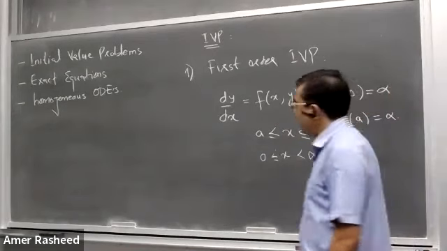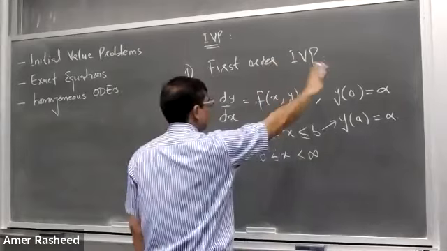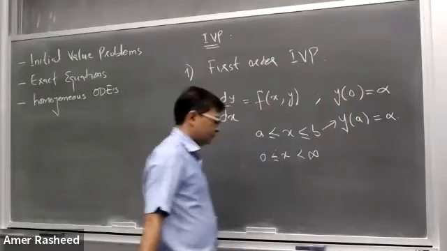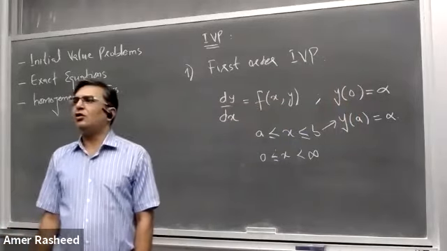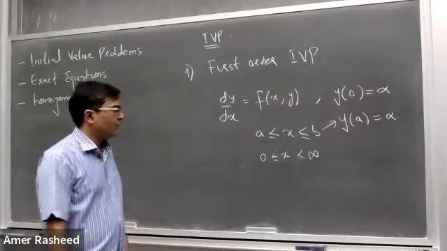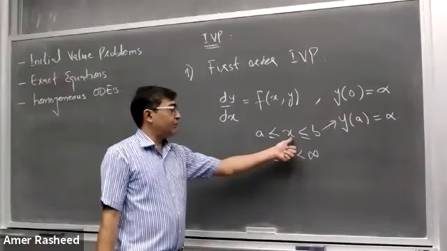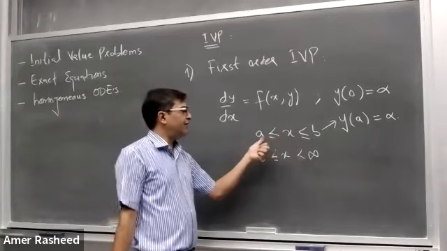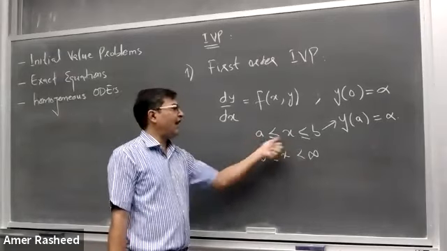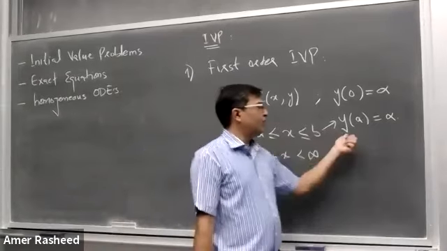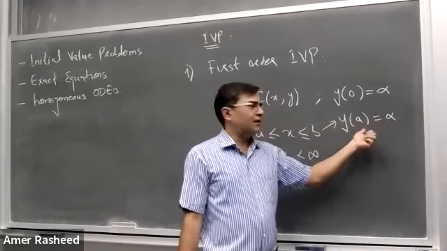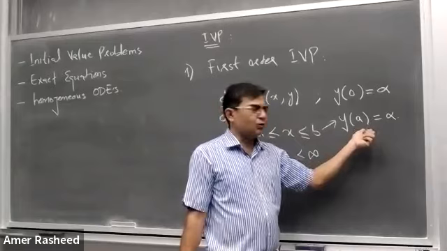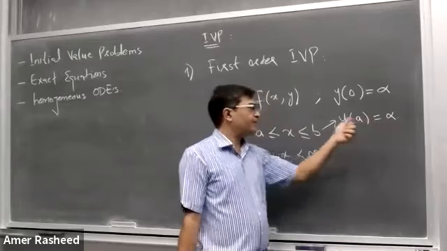We define the equation along with a condition at the initial value of the domain variable. For example, here the independent variable is x from a to b, then the initial value of x is a. So we define a condition y at x equal to a is equal to alpha.